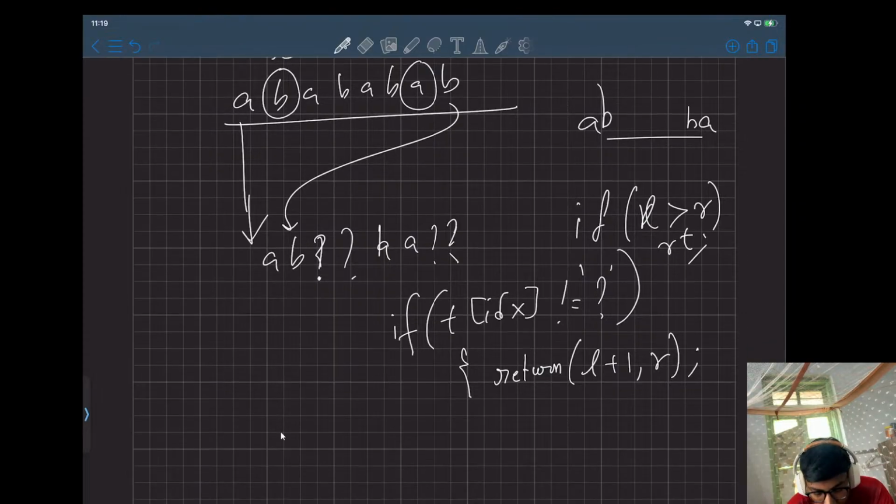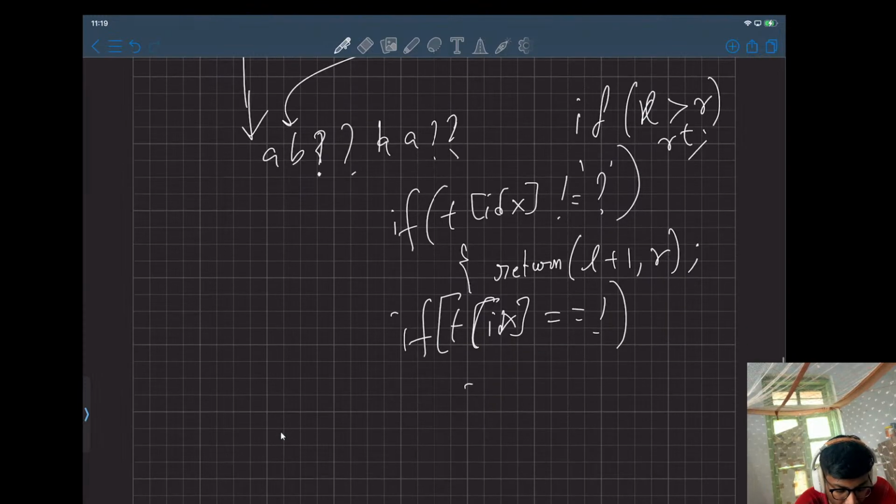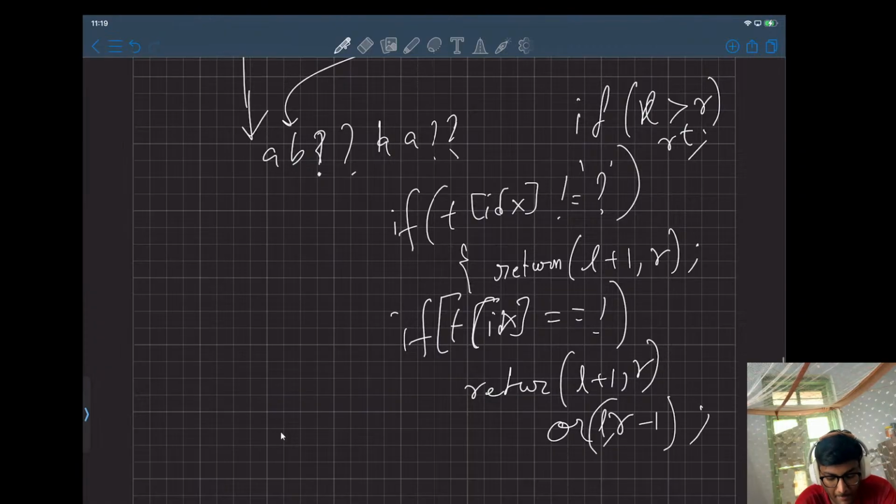If T of IDX is not question mark. If T of IDX is question mark, so I can either return L plus 1, R or L, R minus 1, right? So two choices.